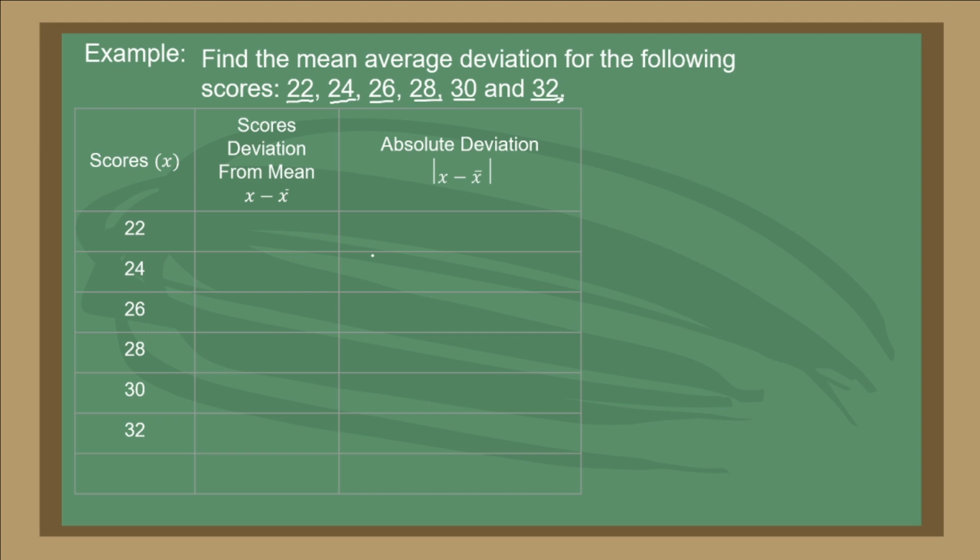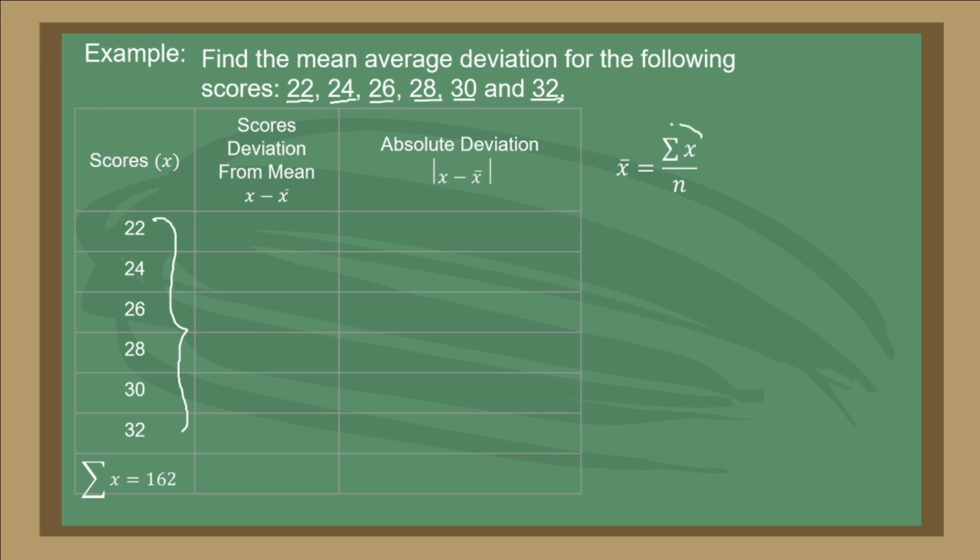Before we solve for the mean absolute deviation, we have to get the mean first. In order to get the mean, get the sum of the scores, which is 162. Then our formula for the mean, since this is ungrouped data, is the mean equals the summation of x over n.